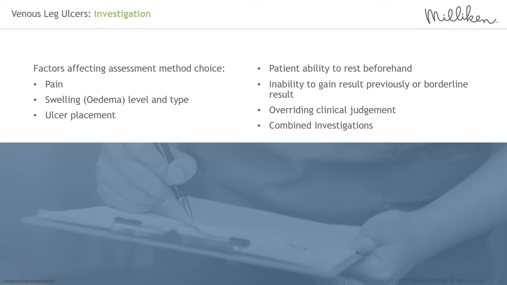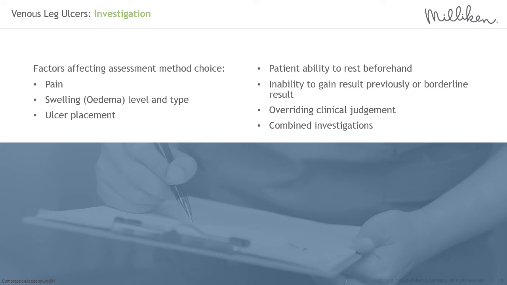Factors affecting choice of assessment tool will include the level of pain and the ability to inflate a blood pressure cuff without causing additional pain for the patient, the level of edema, and the ability to establish an accurate reading with a Doppler probe. The location of the ulcer, that it's not located somewhere where the blood pressure cuff needs to be placed.